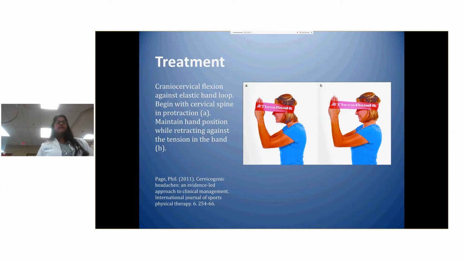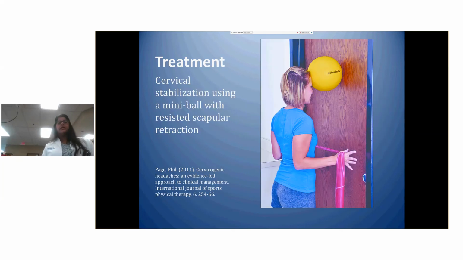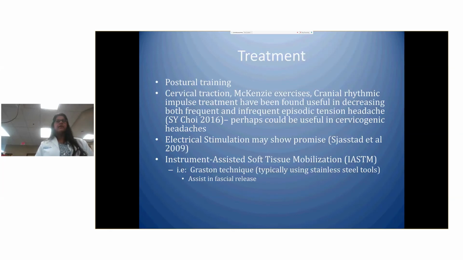Patient begins in protraction and then is led to push against the band with tension. So that's one form of treatment. And then the other is cervical stabilization using a mini ball with resisted scapular retraction. Does anybody use any of these, or does anybody do this with their patients? Okay. I thought so with this audience.